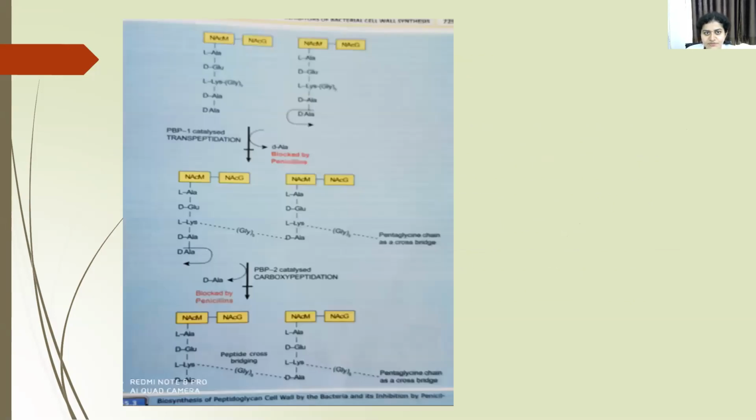See, before going to that, this is the structure of peptidoglycan. I told you the bacterial cell wall is composed of peptidoglycan. So what is the structure of peptidoglycan?